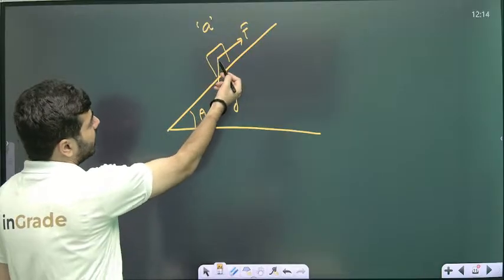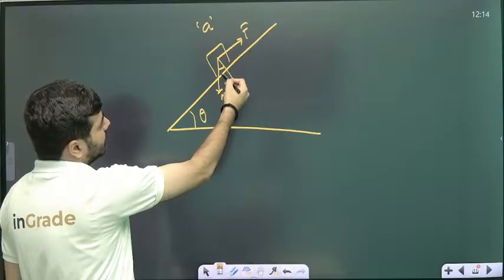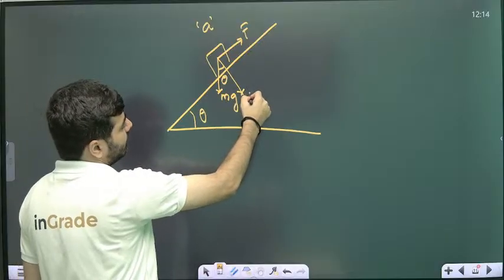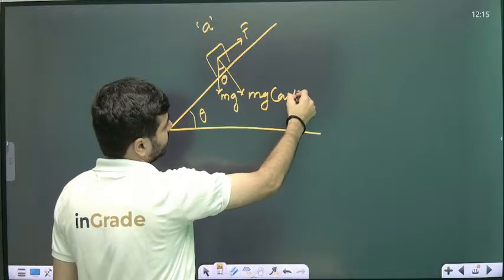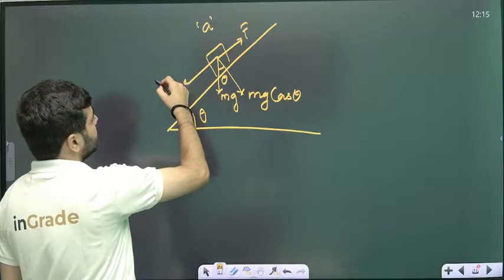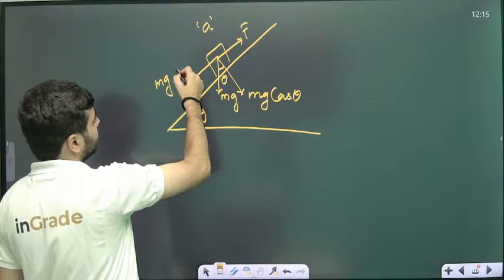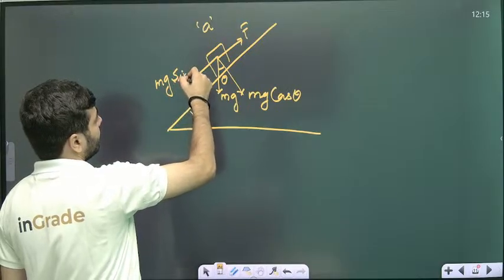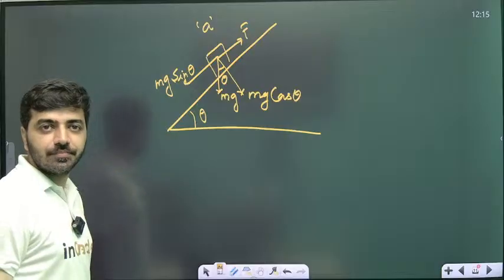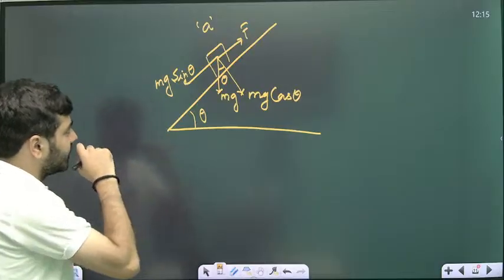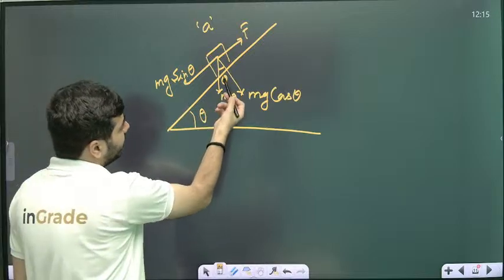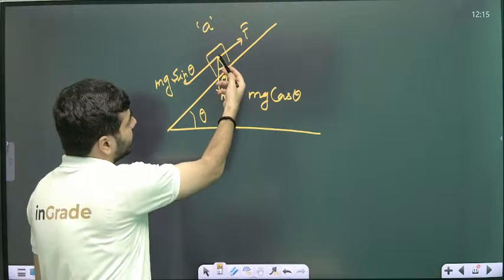Then we have two components like this. Theta will be the angle: mg cos theta and mg sin theta. Now there will be a reaction force because of these two bodies.